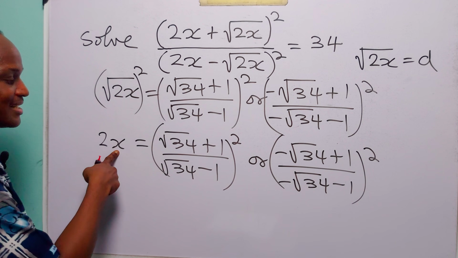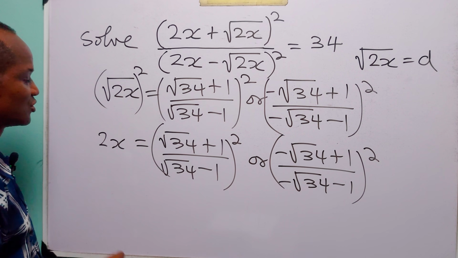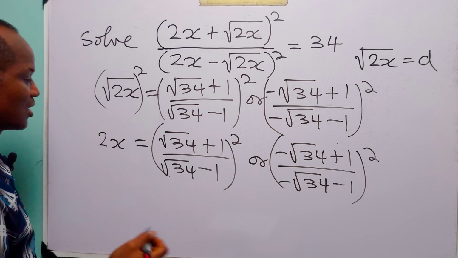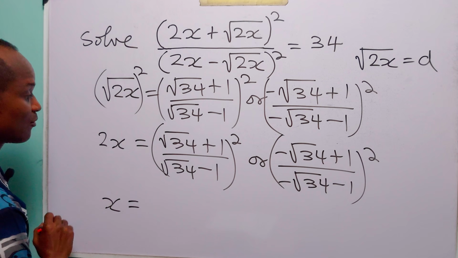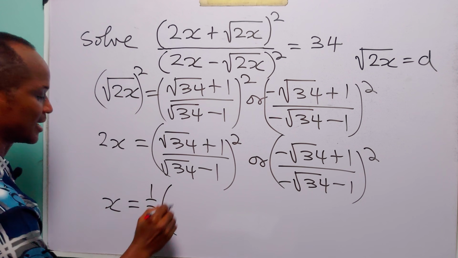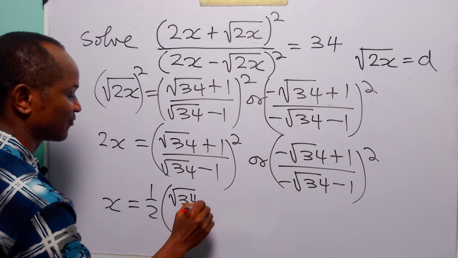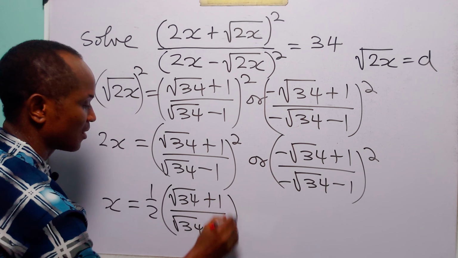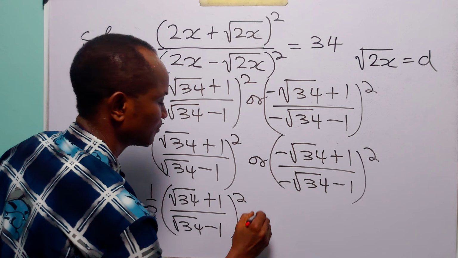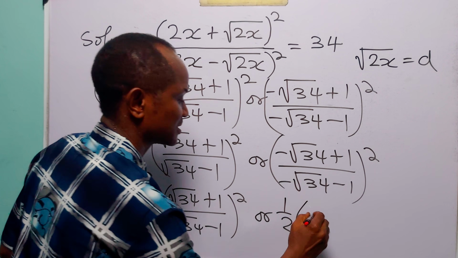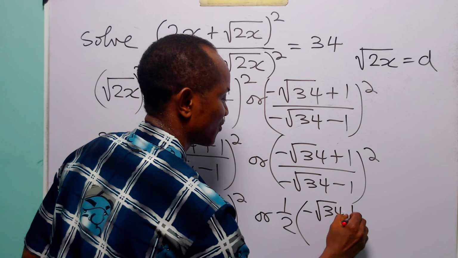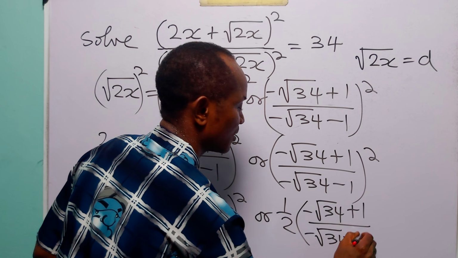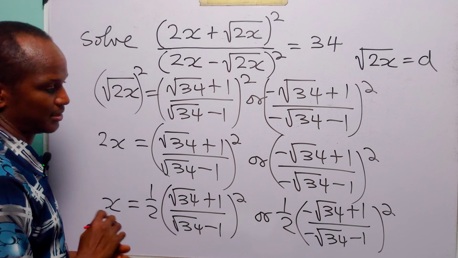And of course, to find the value of x, all we have to do is to divide both sides of both equations by 2. We have that x is equal to half times root 34 plus 1 over root 34 minus 1 squared, or half times minus root 34 plus 1 over minus root 34 minus 1 squared.